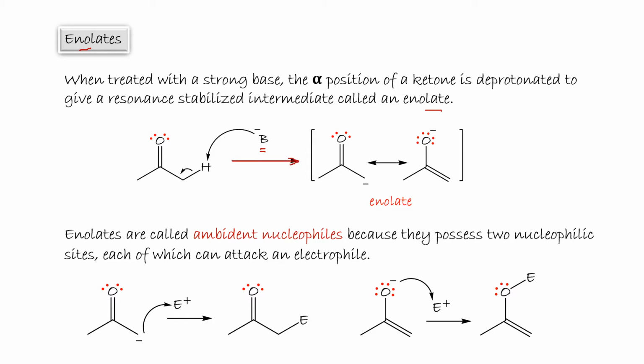One arrow to the enolate, a highly stabilized species. It's not going back the other way. It's enolate, and that's stable. The enolate is called an ambident nucleophile. Why? Because we have the negative charge here, and we can have the negative charge here. They are resonance forms, right?